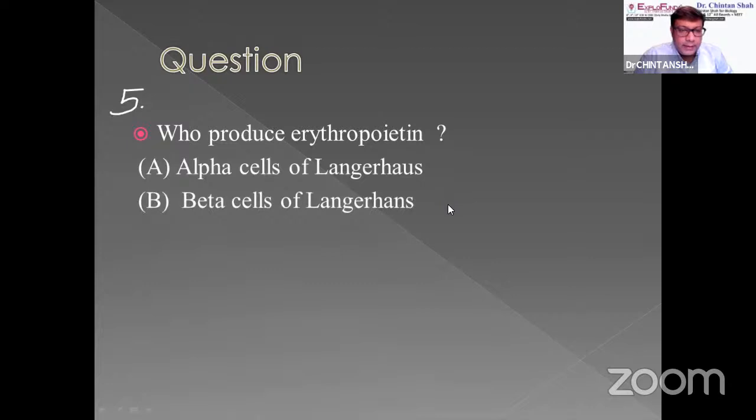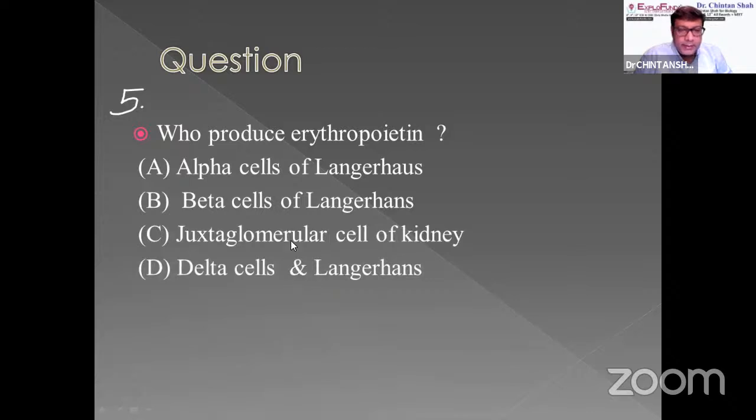Alpha cells of Langerhans, beta cells of Langerhans, delta cells of Langerhans. Here it was gamma cells of Langerhans. Please consider option B as gamma cells of Langerhans.